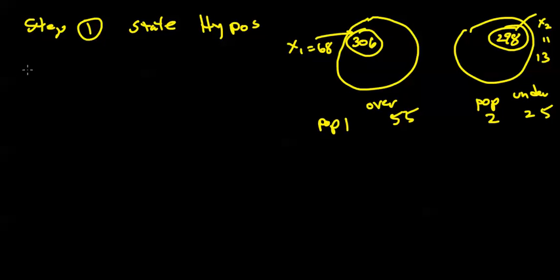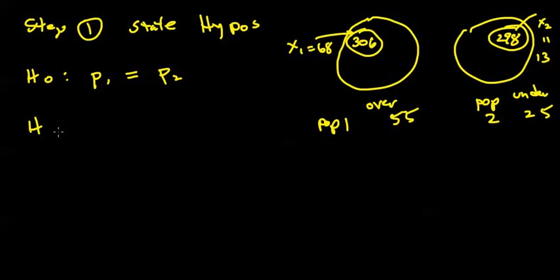I'm going to state the hypotheses now. The null claim is that the proportion of black and white dreamers is the same in both populations.